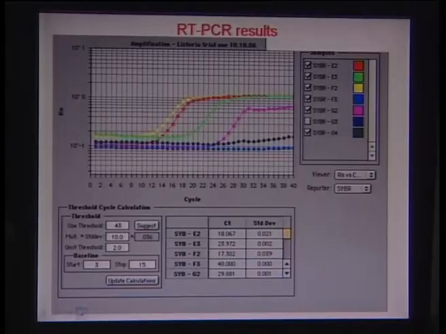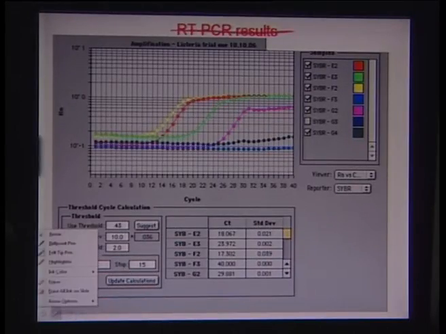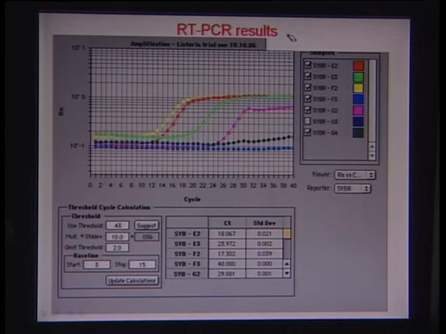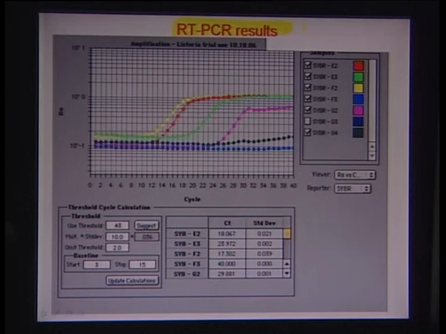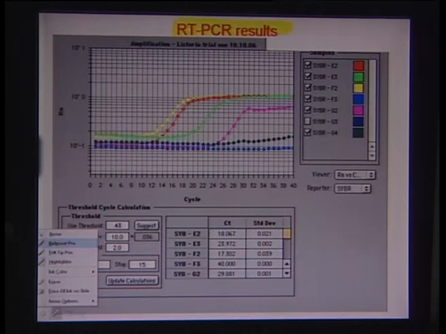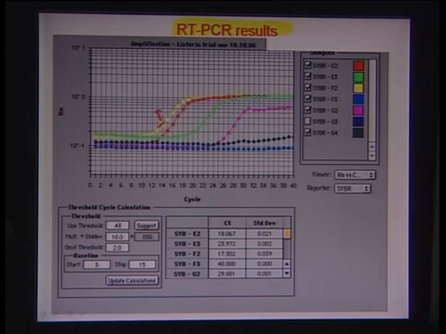So this illustrates some of the Q-PCR or RT-PCR data. As you can see here, these correspond to different initial concentrations of the template. Let's say samples 1, 2, 3, 4, 5 contain decreasing concentrations of the initial template.